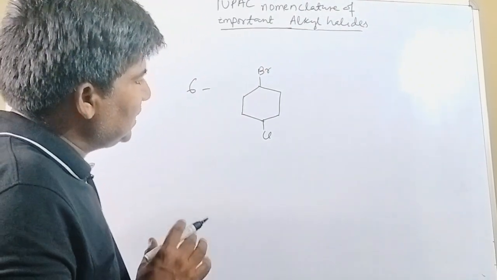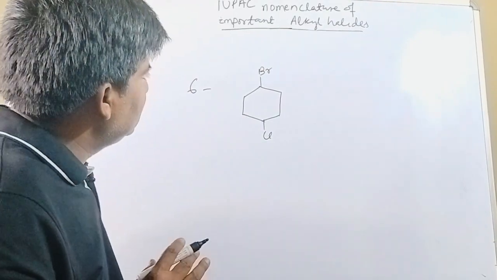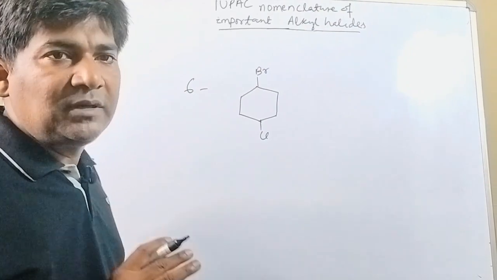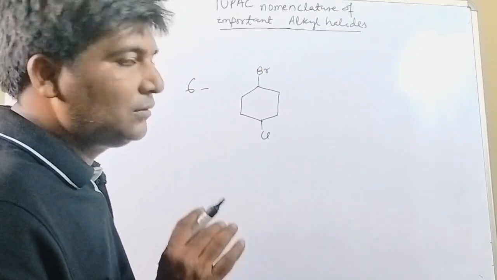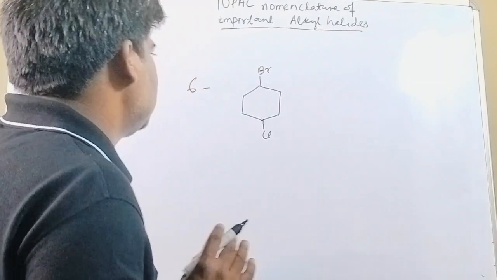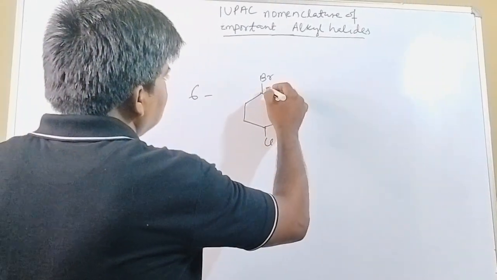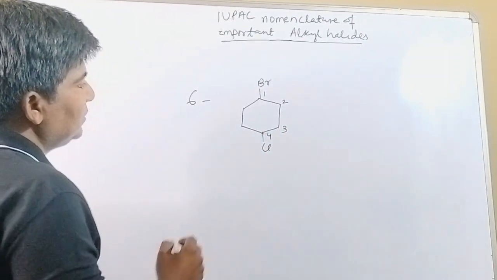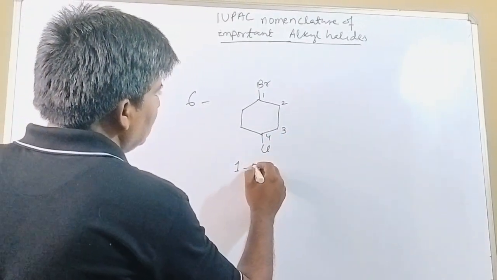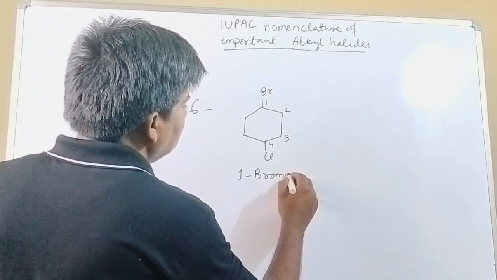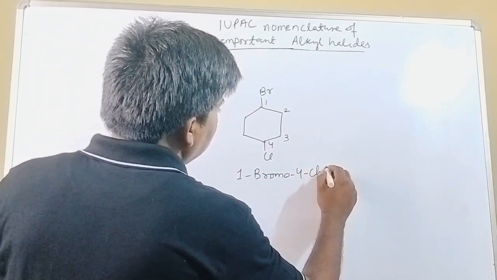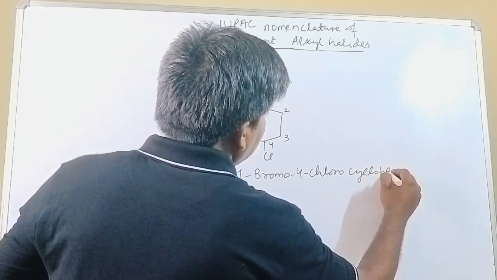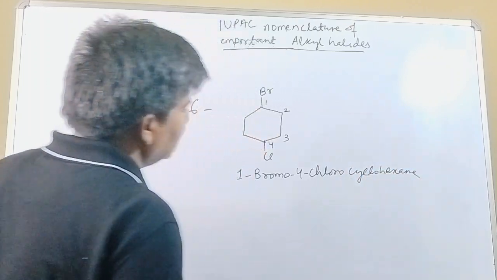So here we should start numbering in such a way that the substituent which comes first in the alphabetical order is assigned the lowest possible locant. That's why we start like this: 1, 2, 3, 4. So it is 1-bromo-4-chlorocyclohexane. This is cyclohexane.